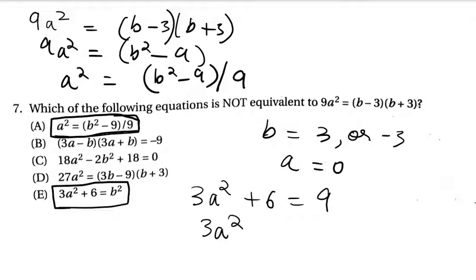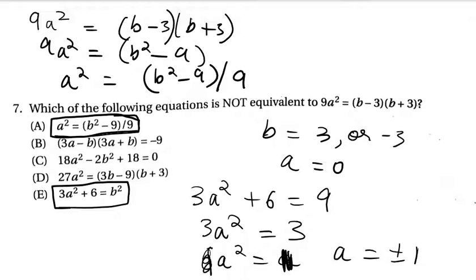So 3A square is equal to 3, hence A square is equal to 1. So A is equal to plus minus 1. So over here we are getting the value of A. Although the answer of part 1 looks very very promising, but let me tell you, the answer of part 1 is wrong. Okay, so you cannot have this part 1 as the answer.